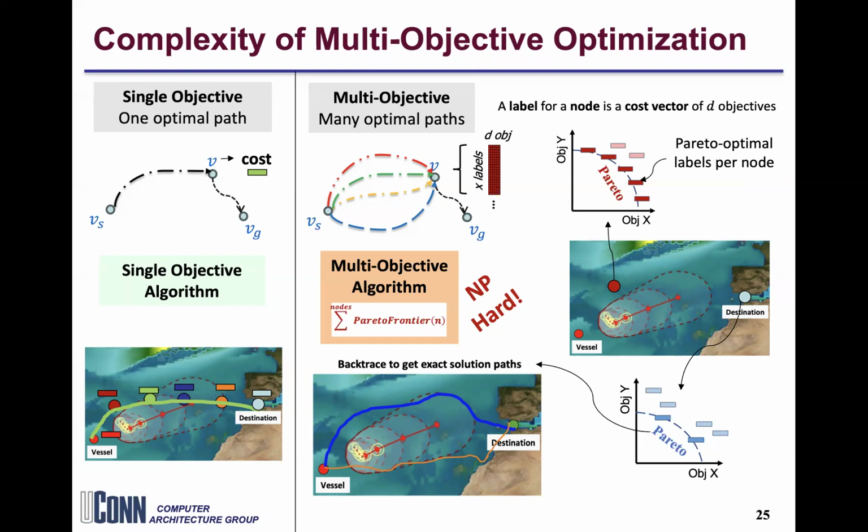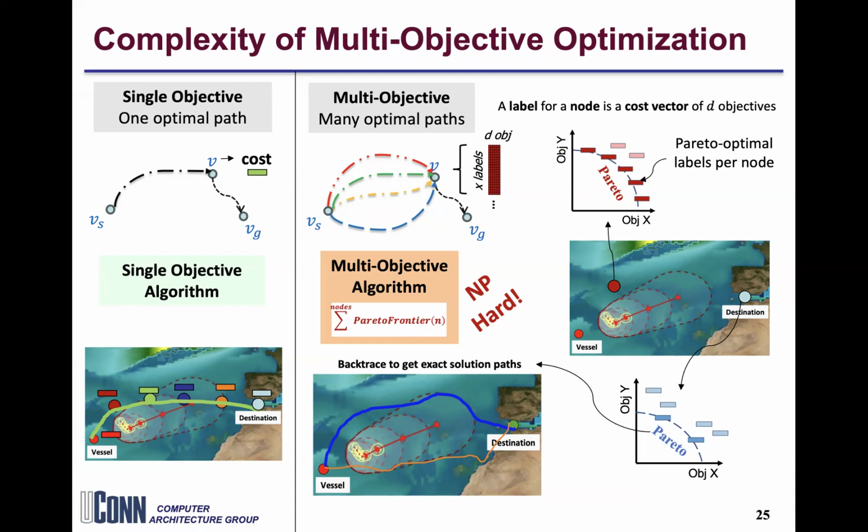In a multi-objective scenario, you have the same kind of graph, but at any given node in that graph, you have multiple objectives that you're trying to optimize. So what you do is you generate these so-called labels, and I'll build on these labels. These labels are cost vectors of objectives where multiple objectives compete in different ways, and you can now have multiple labels that exist for a node, and multiple labels can be Pareto optimal for that node. So you're not trying to optimize for one cost and settle on a cost.